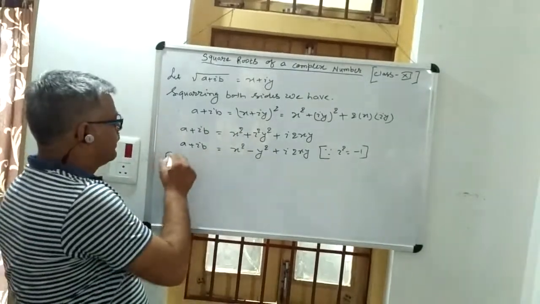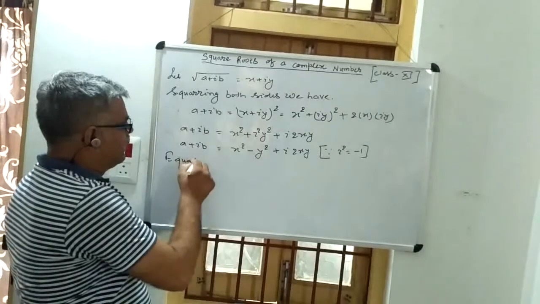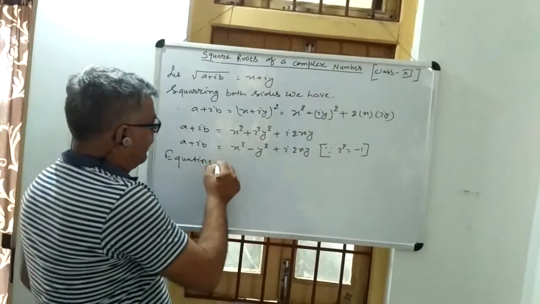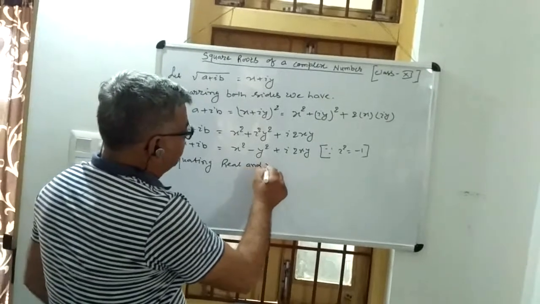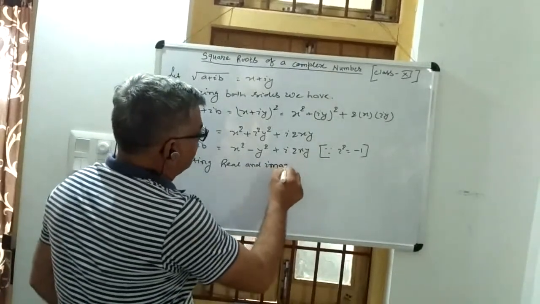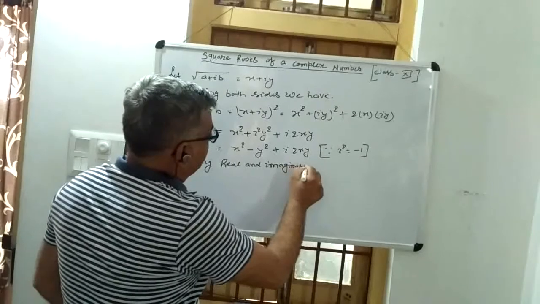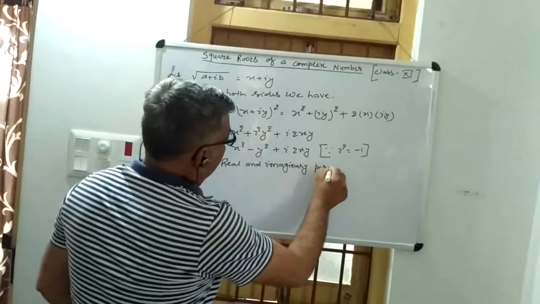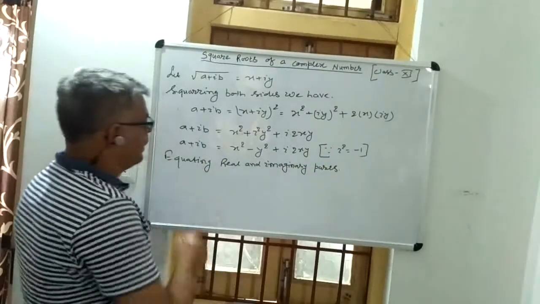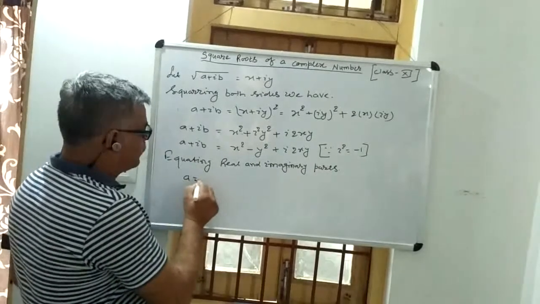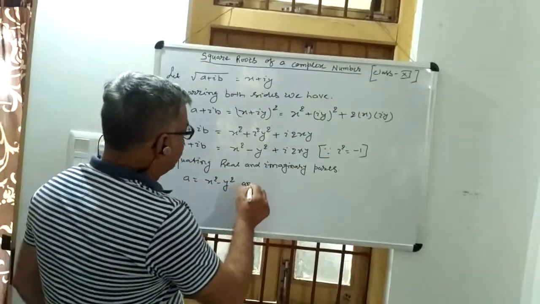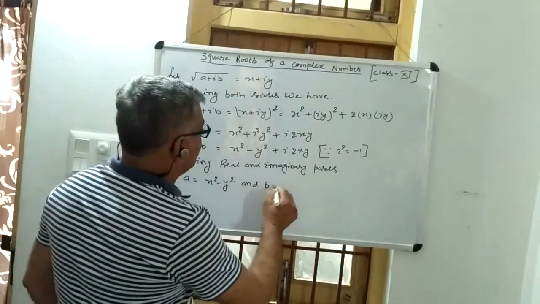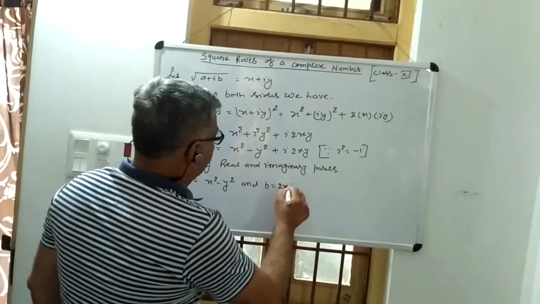Now equating real and imaginary parts, we have a equals x square minus y square and b equals 2xy.